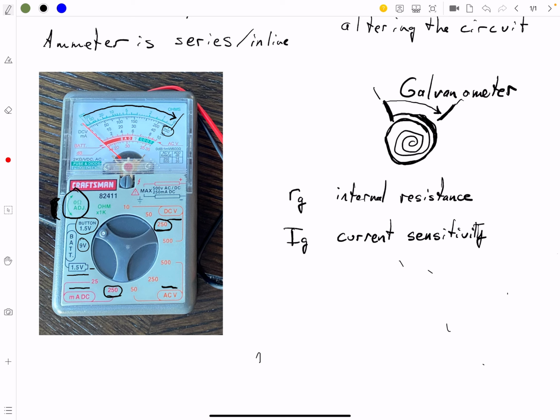It basically turns the internal resistance to a point where it balances the ammeter. So it just alters the internal resistance. There are ways of creating dialable resistances, and you can do that. But for our sake, we're going to figure out what the internal resistance is.